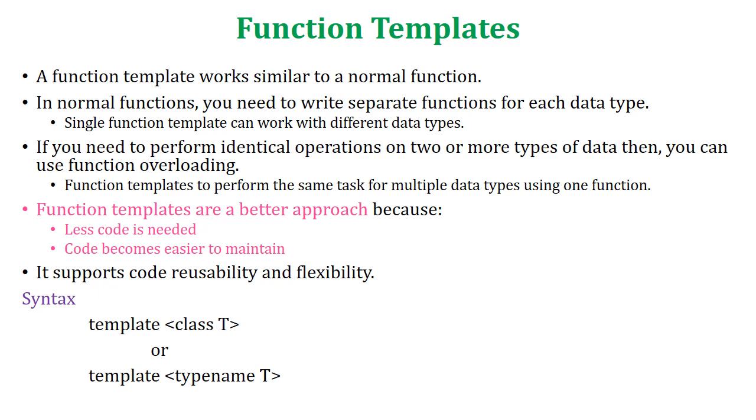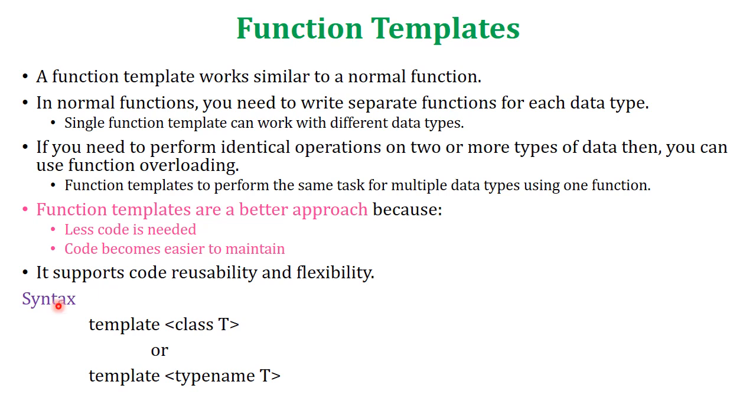But in the function template, we perform the same task for multiple data types using only one function. The function template is a better approach because less code is needed and the code becomes easier to maintain. It supports code reusability and flexibility.